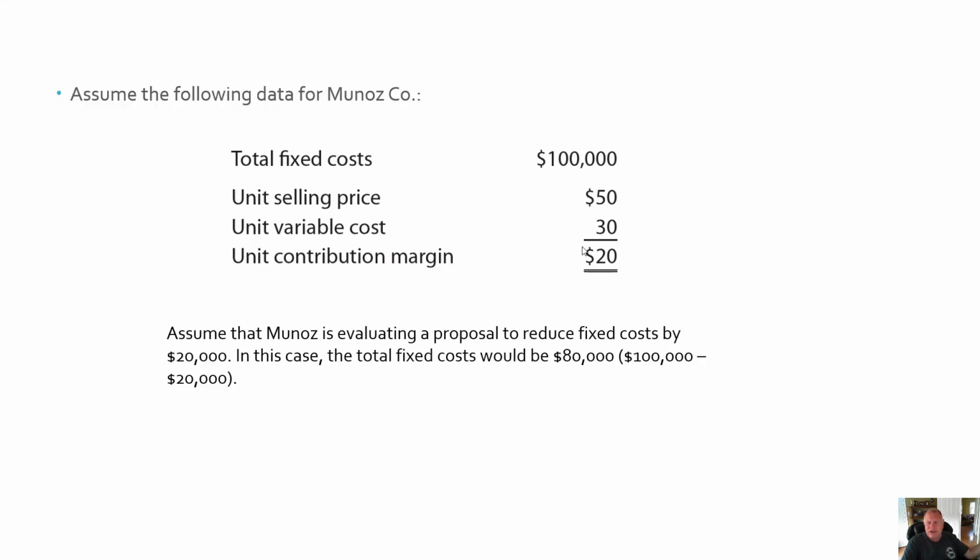Okay, let's take another example of this. Fixed costs are 100, selling price 50, unit variable cost 30, margin of 20. Let's assume they now want to reduce those fixed costs by 20. So that fixed cost would be 80.